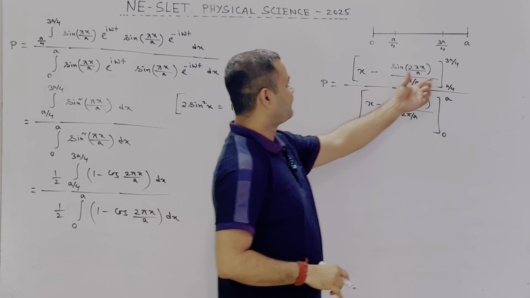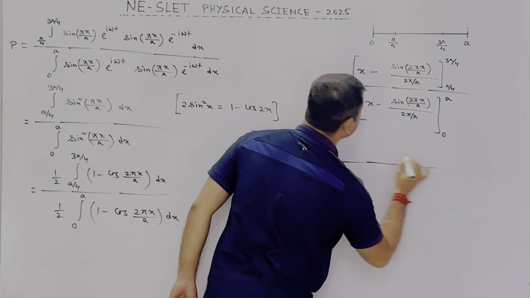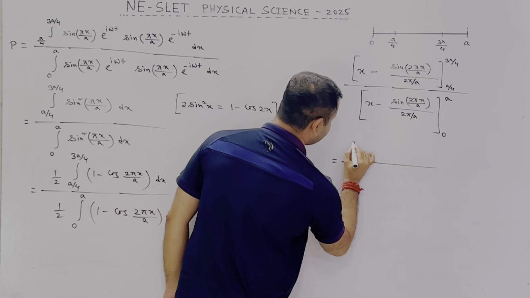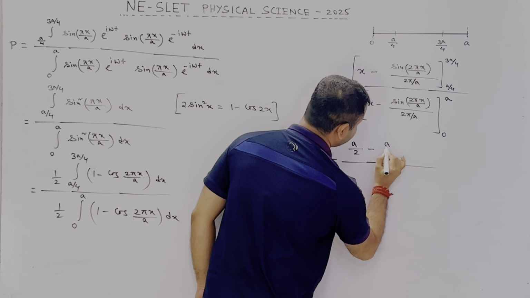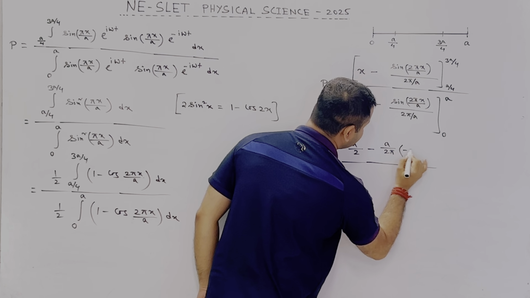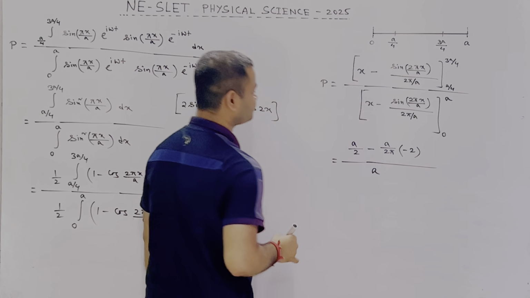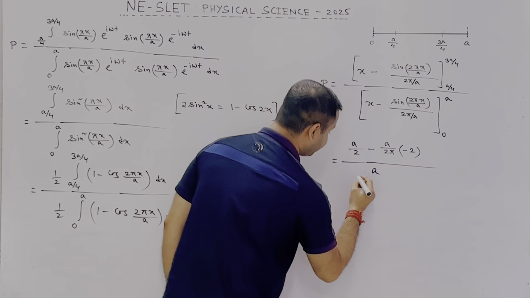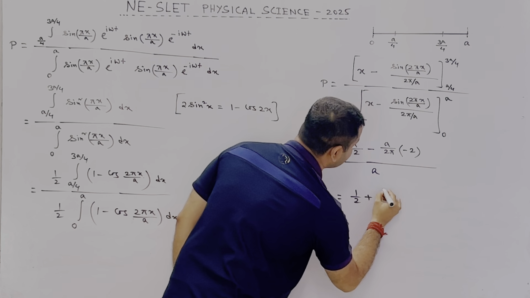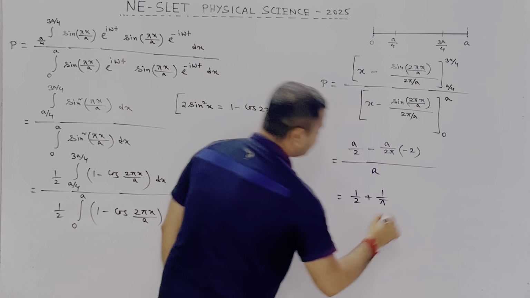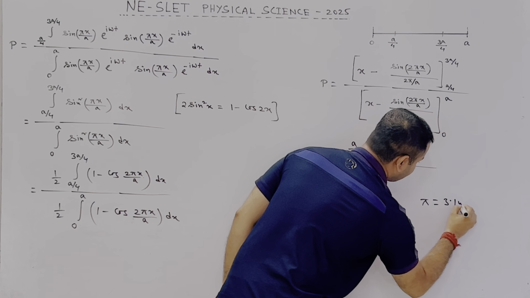So upper limit minus lower limit, we will get a by 2 minus a by twice pi into minus 2, divided by a. So further if we simplify we will get 1 by 2 plus 1 by pi. We know that the value of pi is 3.14.